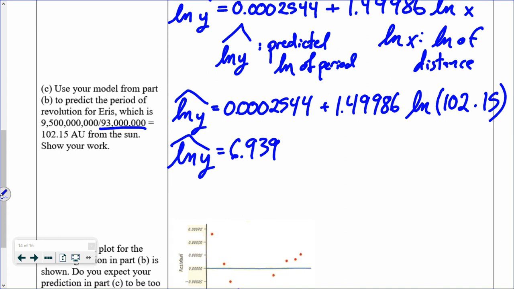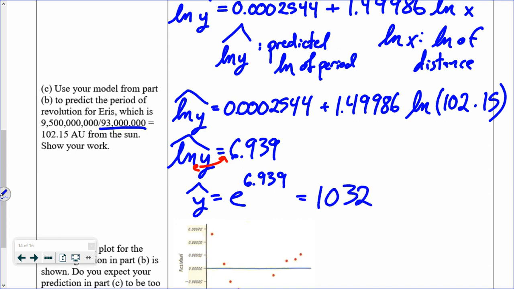I don't know what the predicted y is, though, so I'm going to remember I've got natural log base e, bump it up. So this becomes predicted y equals e to the 6.939. And I've got from that 1,032 years.